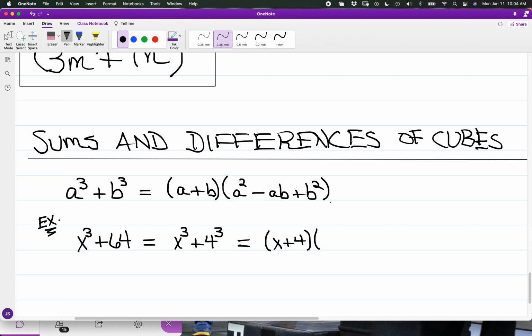And we have times the quantity. So we have a squared becomes x squared. And we have minus a times b, so this will be minus x times 4. If you see the result already in advance, that's fine. And then we have plus b squared. Again, b is going to be represented by 4, so b squared becomes 4 squared.